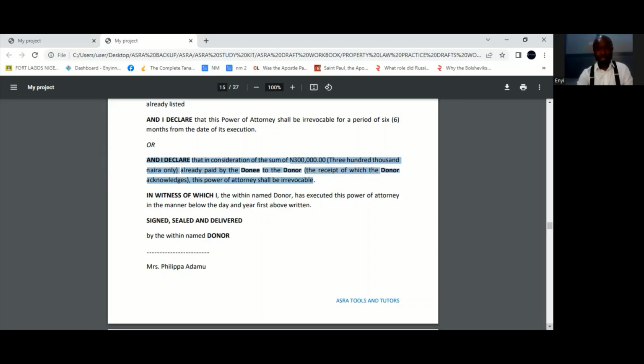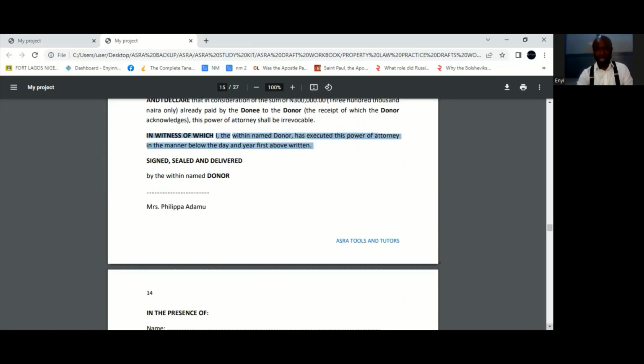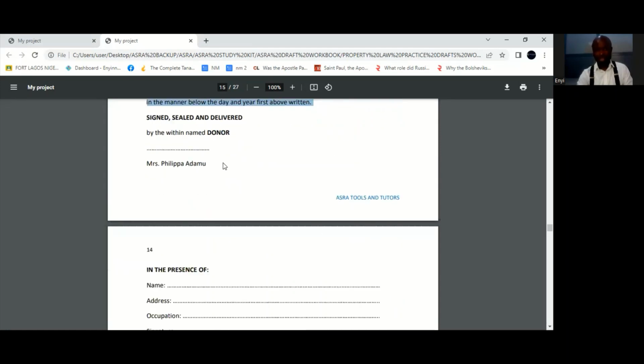Then, of course, what comes next is your testimonium, in witness of which I, the within donor, have executed this power of attorney in the manner below, on the day and year first above written. And then we have the execution and attestation clauses. So it would say signed, sealed, and delivered by the within named donor, and there the donor has signed.